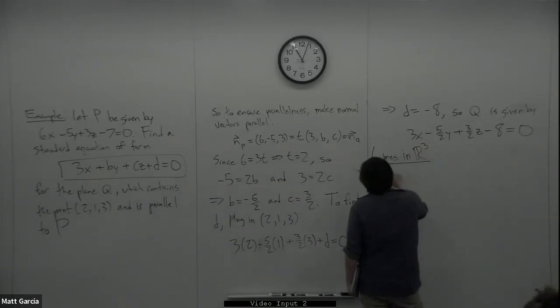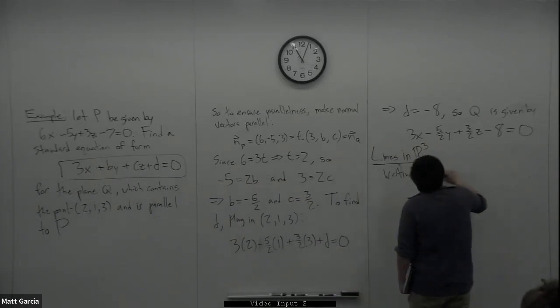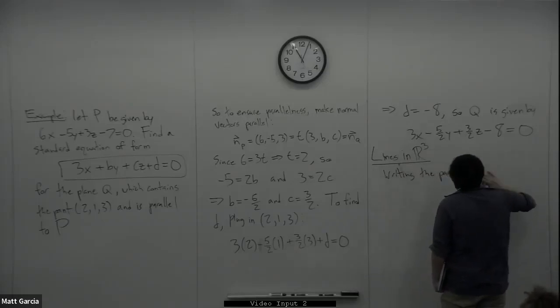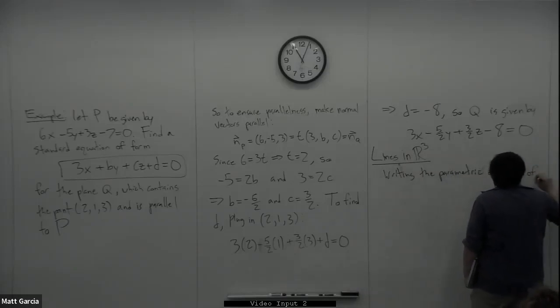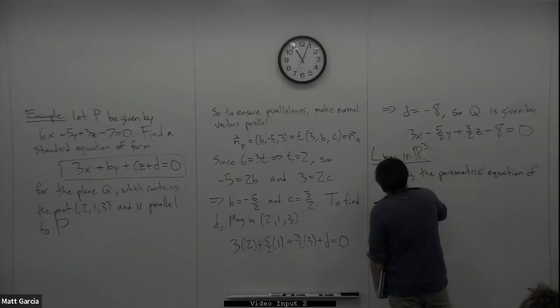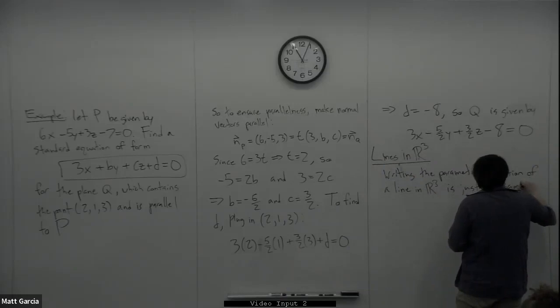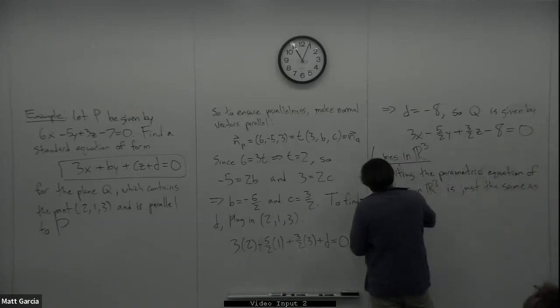Okay, so let me say this. Writing the parametric equation of a line in R3 is just the same as in R2.